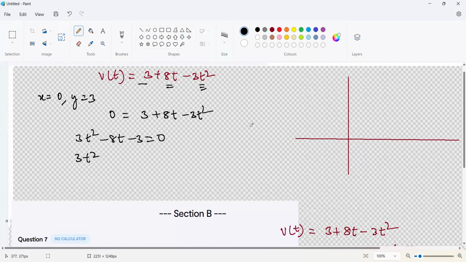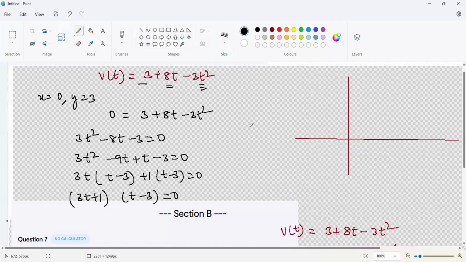We can do this with the help of middle term split. So I'm getting 2 times at which my y value is 0.